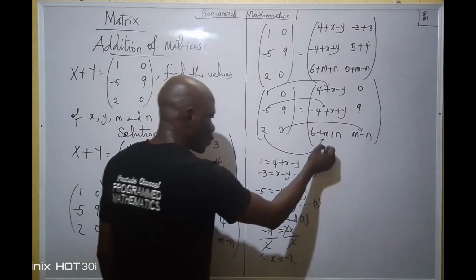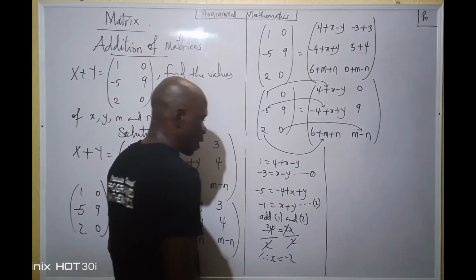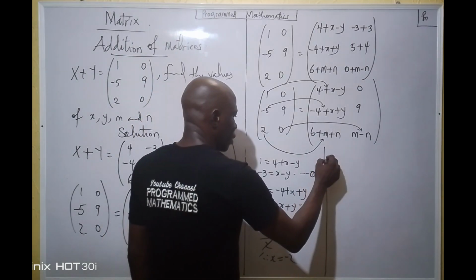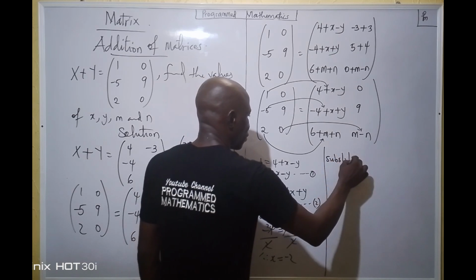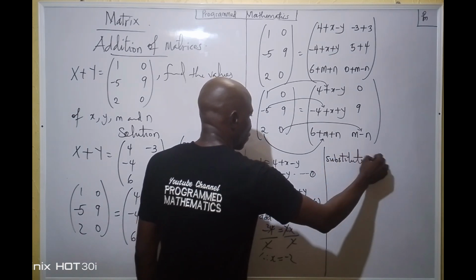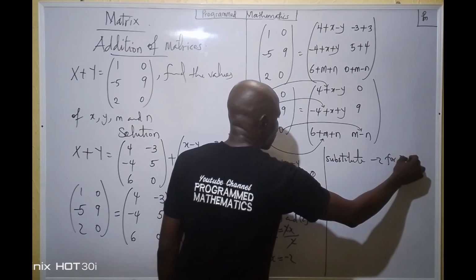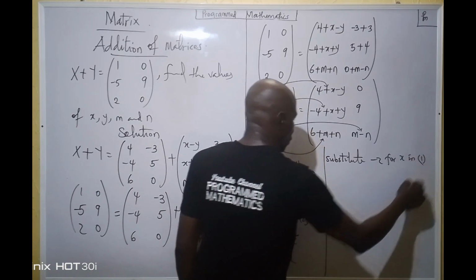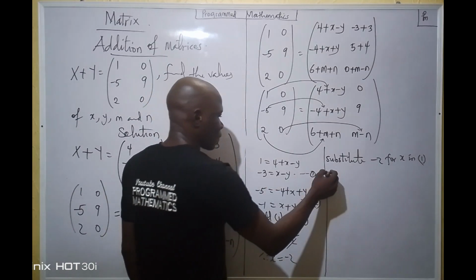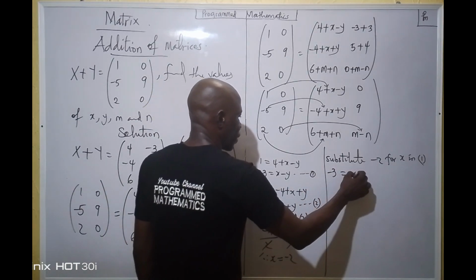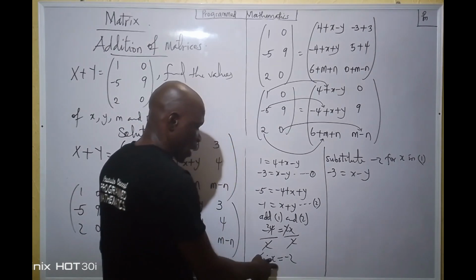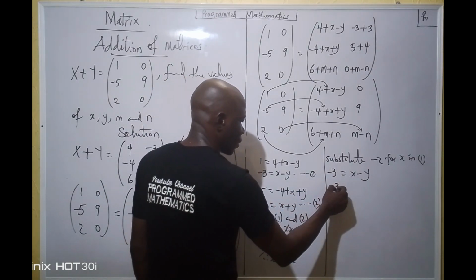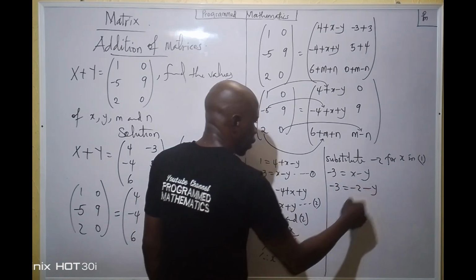So if x is minus 2, we can find the value of y using either equation 1 or 2. So we substitute minus 2 for x in equation 1. Equation 1 says minus 3 is equal to x minus y. So now x is minus 2. Put minus 2 for x, so minus 3 will be equal to minus 2 minus y.